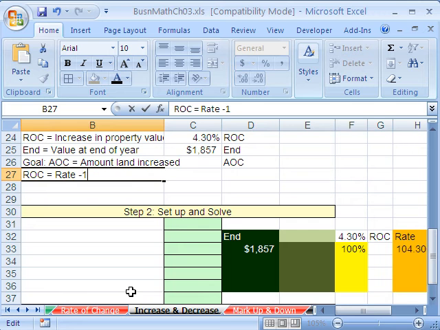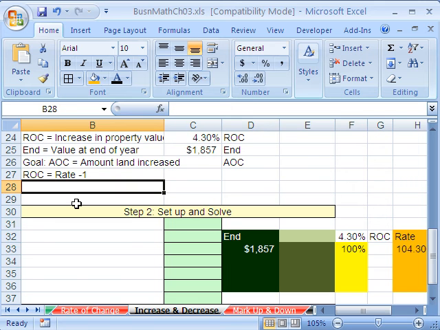Now, if you look at this, if you know a little algebra, if we added 1 to this side, 1 plus negative 1 would give us 0 on this side, and then adding a 1 to this side, we'd be left with 1 plus this equals our rate. And that would be a formal formula for us. So rate of change plus 1 will always equal our rate.